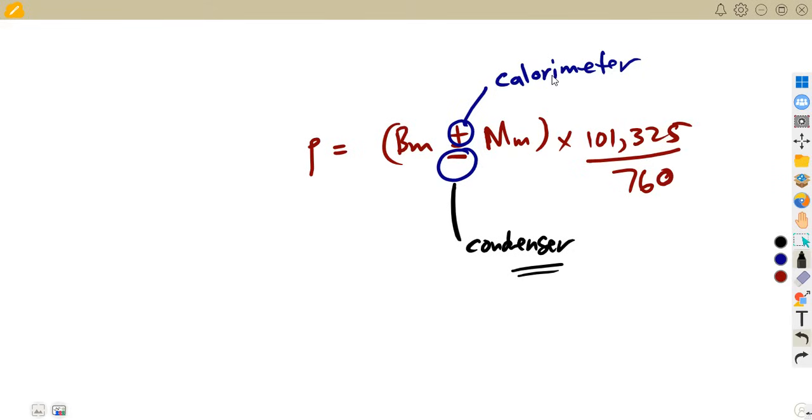Those are the two questions that they might ask, and sometimes they might combine a question of a calorimeter and a condenser at the same time, or they just ask them separately, or in another question paper it is just a condenser. So you need to know the difference so that you'll be able to attempt these typical questions in the final exams.